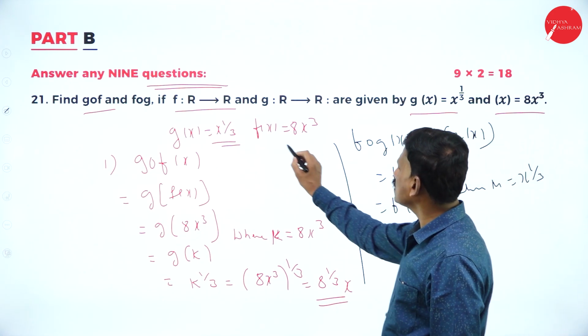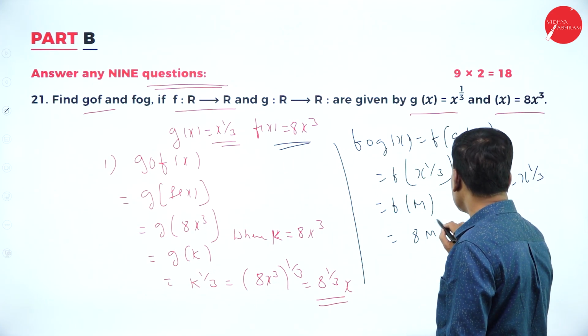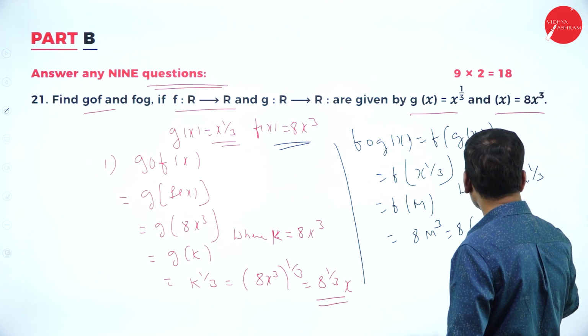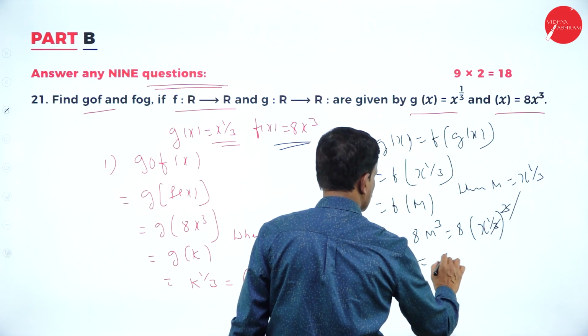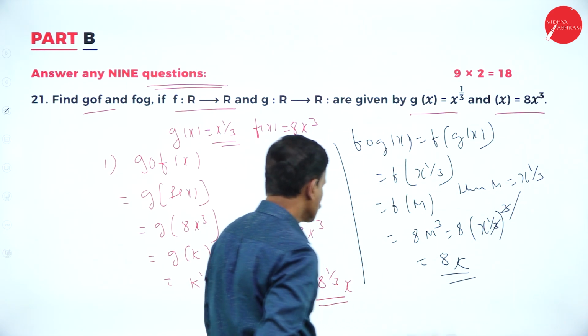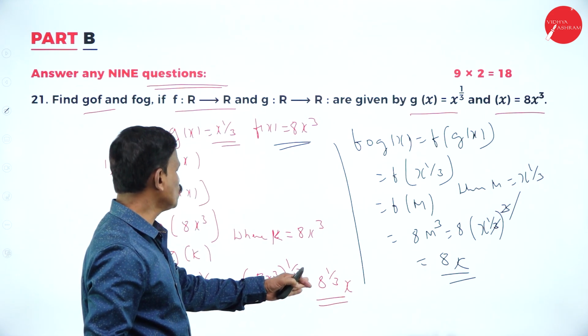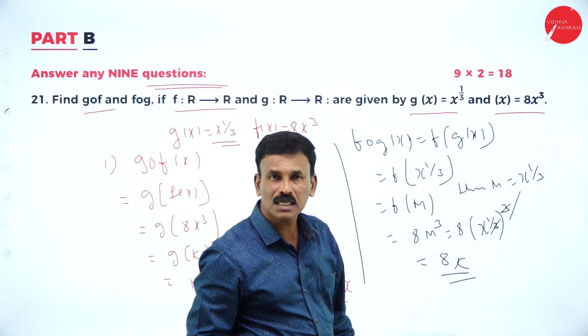Since f of x is equal to 8x cube, f of m is 8m cube. Substitute the value of m: x to the power of 1 by 3 whole raised to 3, the 3 gets cancelled, that's equal to 8x. That's it. So g o f of x is 8 to the power of 1 by 3 into x, the cube root of 8 times x, and f o g of x is equal to just 8x.